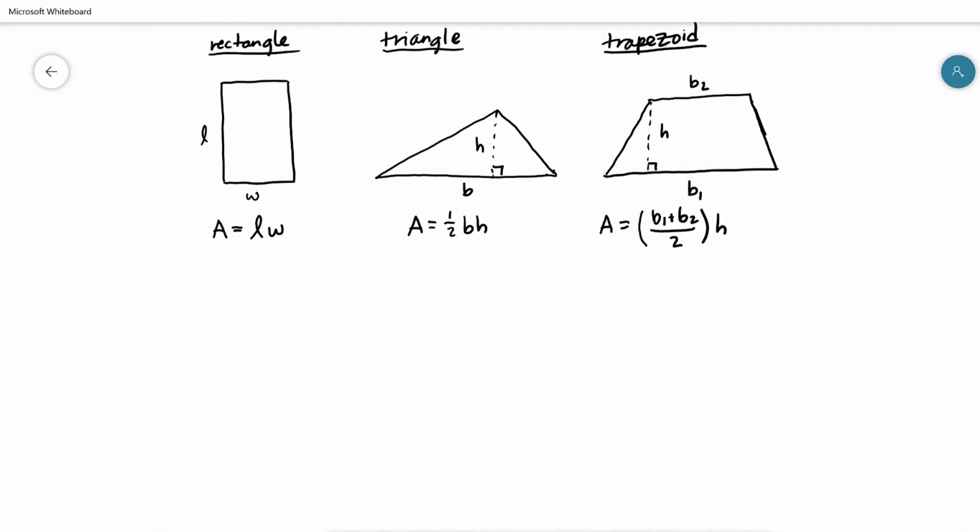If we have more complicated shapes, we can often cut them up into easier shapes.